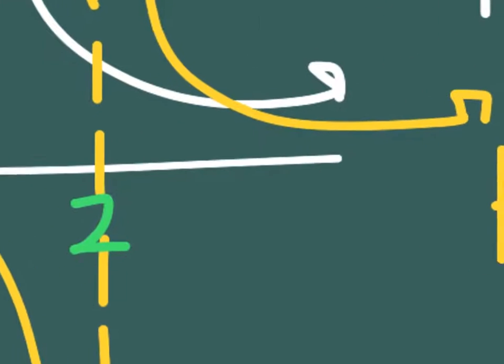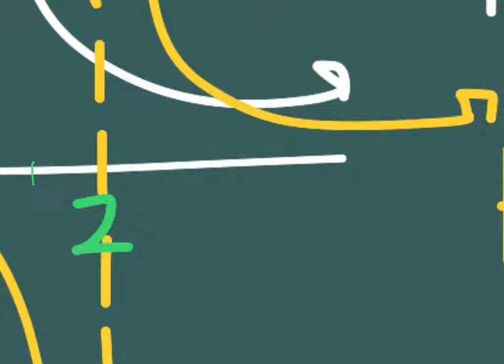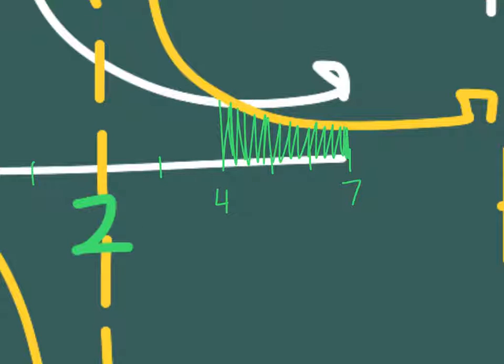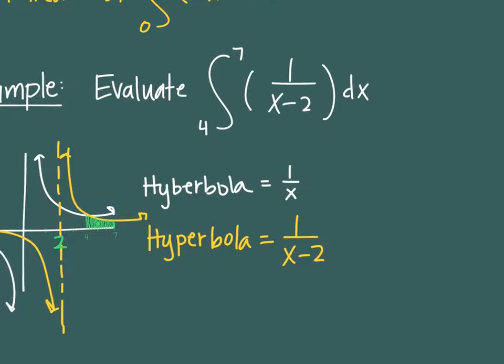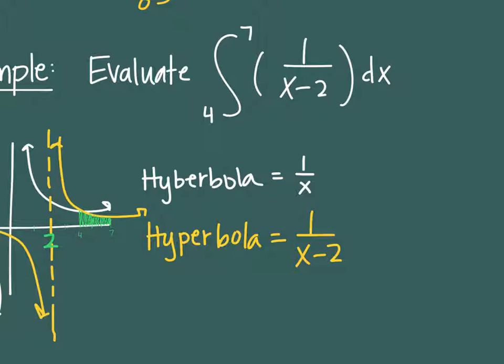And so if we zoom in here, if that's where the number 2 is, then 4 is here, 5, 6, 7. So we're looking at a small amount of area between the values of 4 and 7. Okay, so that's what we're looking for. All right, we're going to do that with the method of antiderivative.